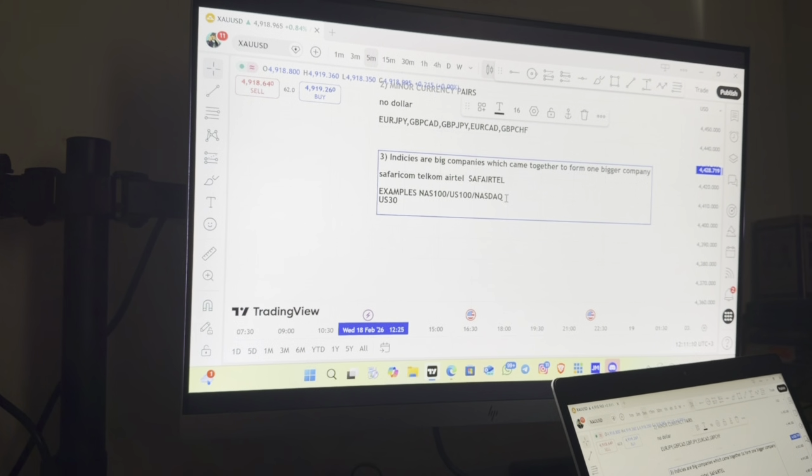We have German 40, the same thing, 40 companies came together to form one company. Most brokers call it DE40. Previously it was called German 30, but now 10 companies were added and it became German 40. These are examples of indices.